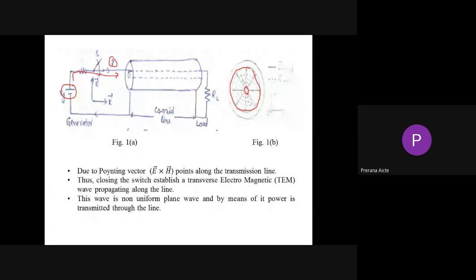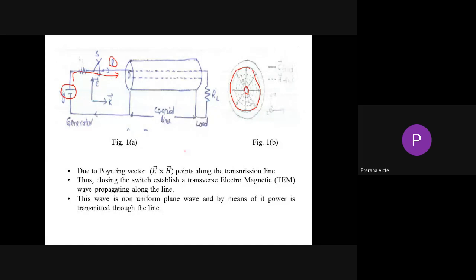So the Poynting vector P is equal to E cross H. What is the need of the Poynting vector? The Poynting vector is used to find the power delivered or power transmitted, the average power or total power, from the electric field and magnetic field.